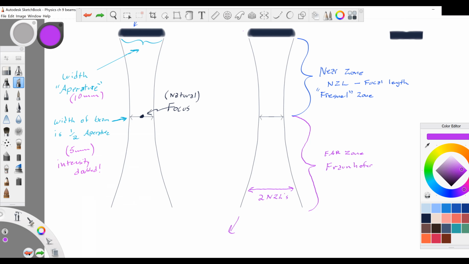You get down to here, and the diameter of the beam is now back to the original aperture. So if we were to drop, actually let's do that. Let's drop it like it's hot. All right. Let's see how well I did here. Oops.